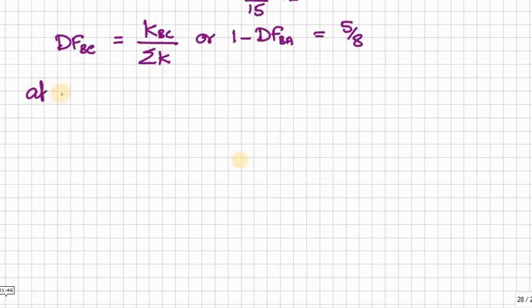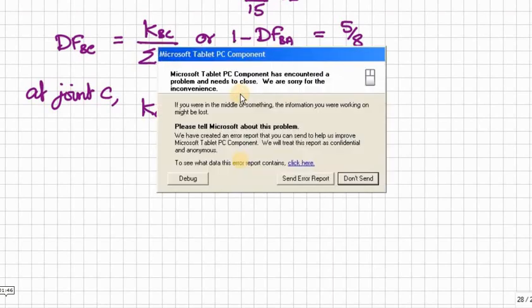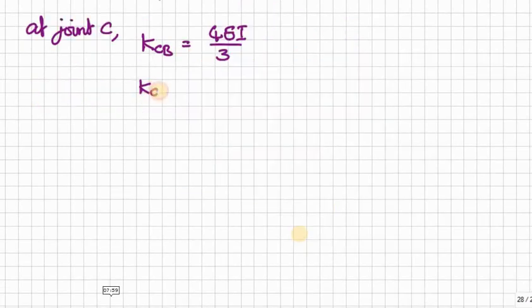Now, we have to consider joint C. Again, in joint C we have 2 members, CB and CD. Therefore, KCB is equal to 4EI by L. L is equal to 3 meter, but KCD is equal to 3EI by L. Why 3EI?